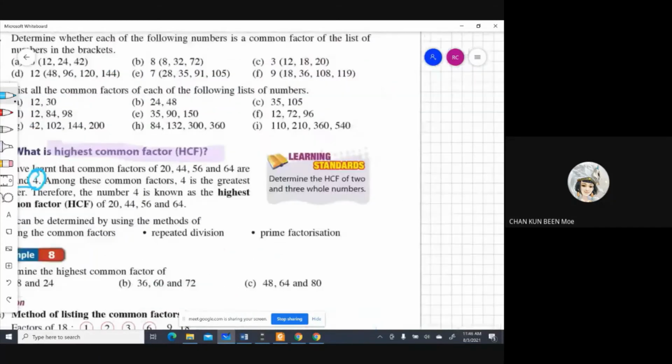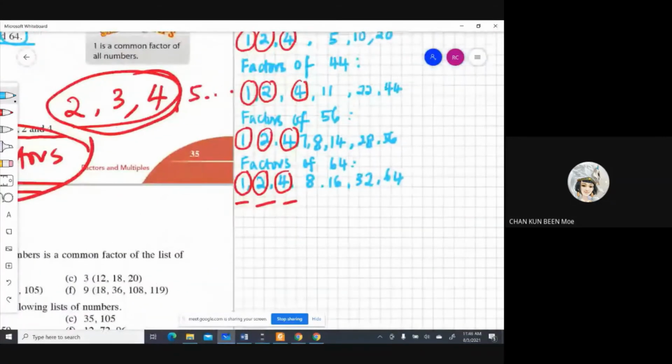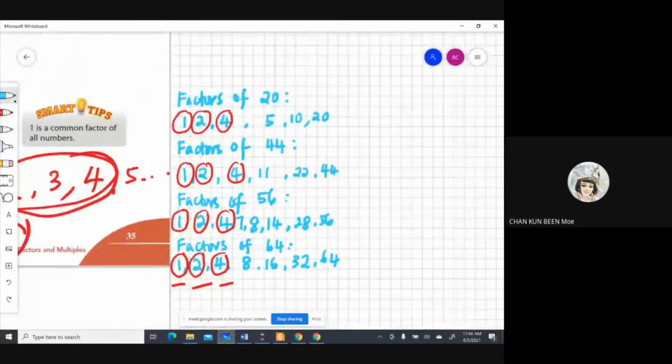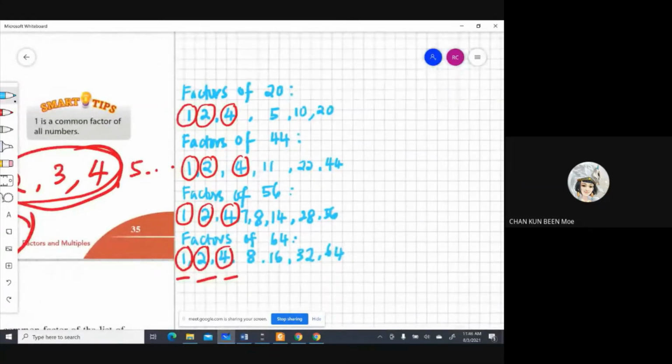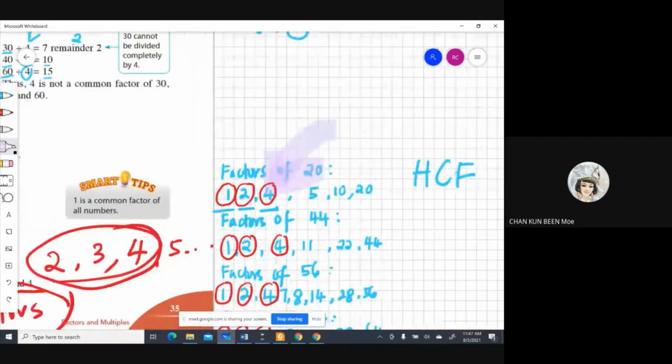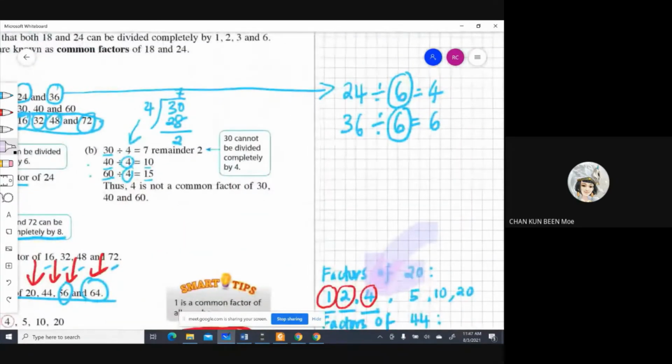So hopefully you understand from the example that we have done just now. 1, 2, and 4 are the common factors, right? When they ask you to look for the highest common factor, among the numbers given over here, the highest common factor is number 4. Same thing with what you have done.